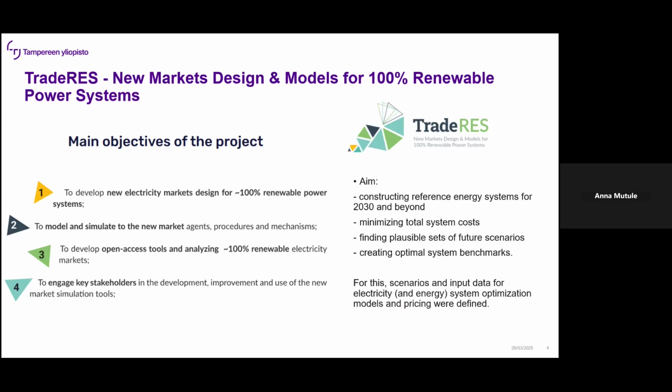To achieve this, TradeRES developed and tested advanced modeling tools. The project also actively involved key stakeholders from across the energy sector to ensure that the proposed solutions were practical and effective.